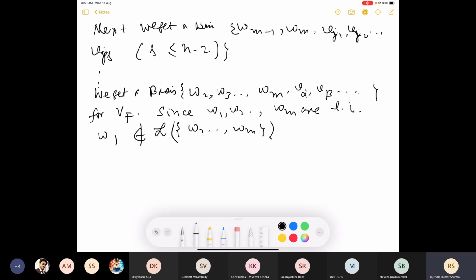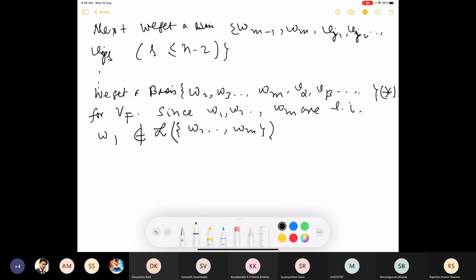And therefore this basis should have, because we cannot push W1 also inside this, some V alpha from the original ones.